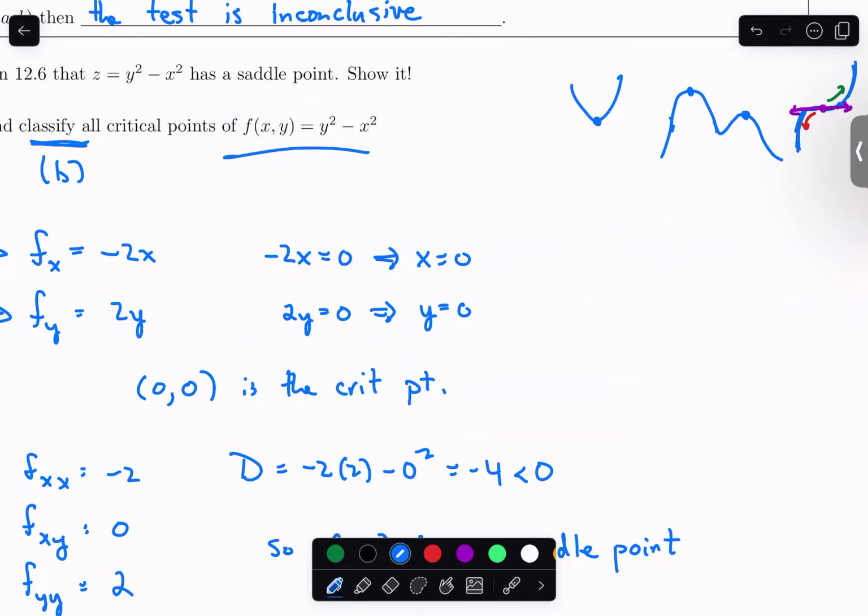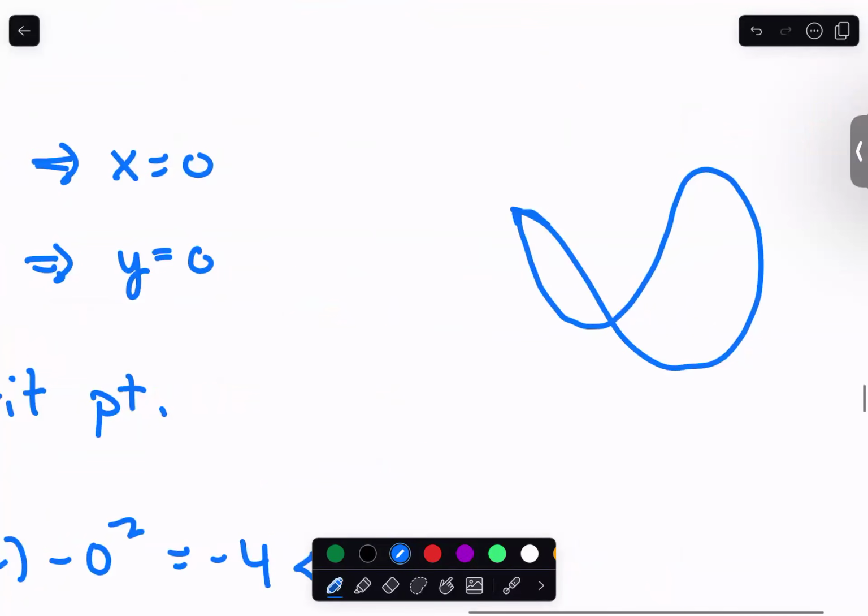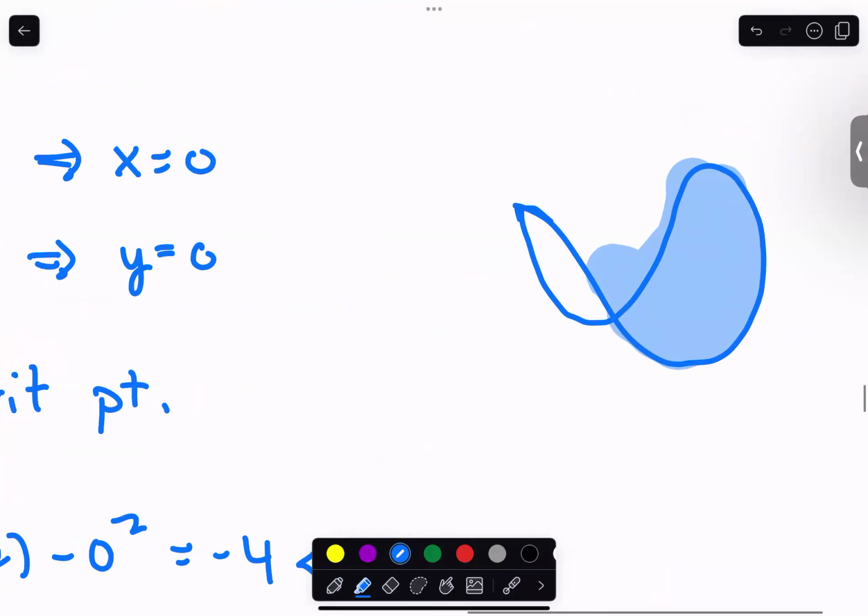Let me see if I can quickly draw a saddle with something like that. So I'm trying my best to draw like a Pringles chip sort of deal, right?